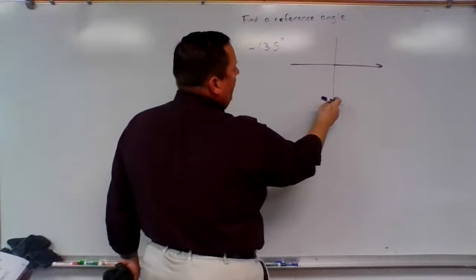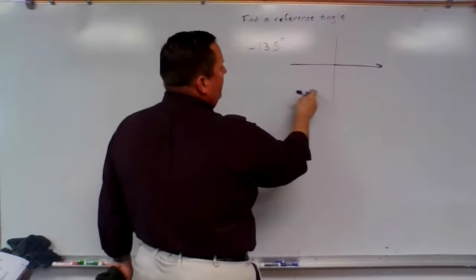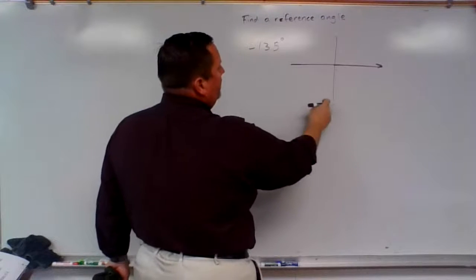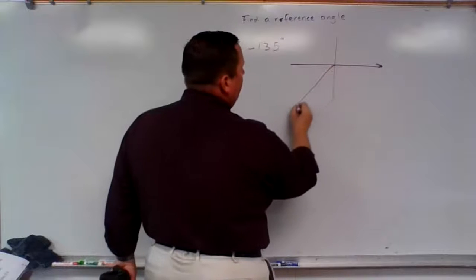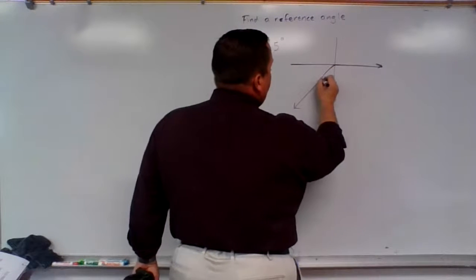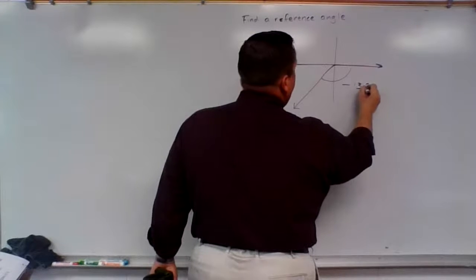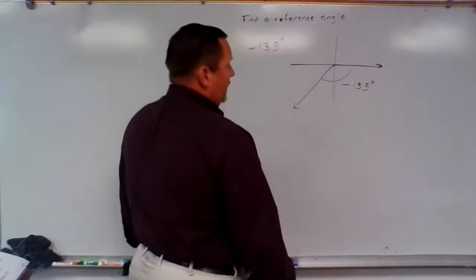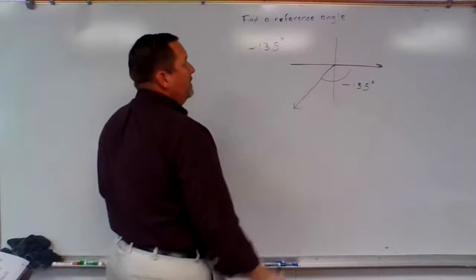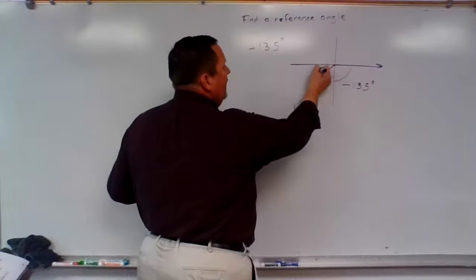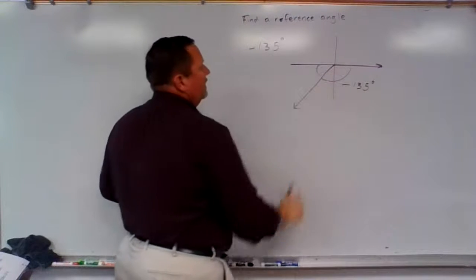This would be negative 90. It's more than that. This would be negative 180. So it's somewhere in between here. And that's negative 135 degrees. Okay, the reference angle is the angle I'm going to make here with the x-axis.